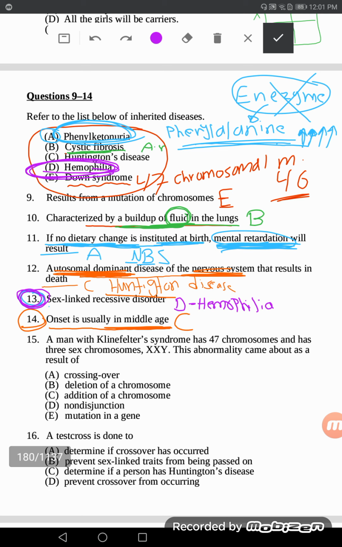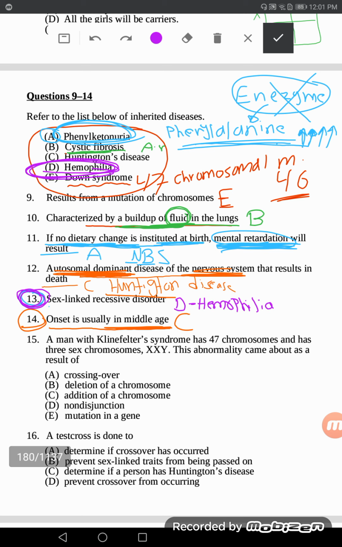Hemophilia is a disease related with blood clotting, to stop the wounds, okay. Some people have a missing protein that's important for blood clotting.